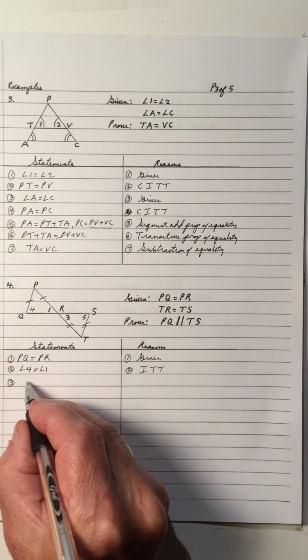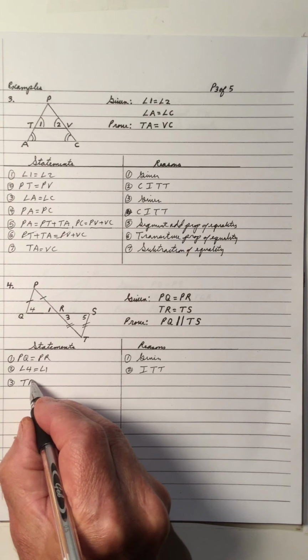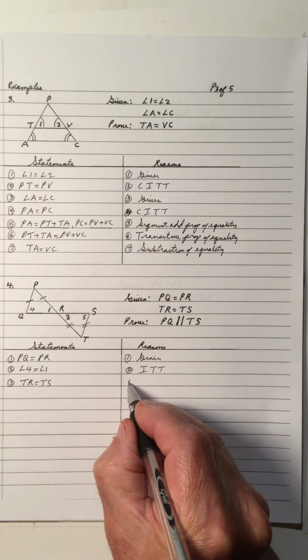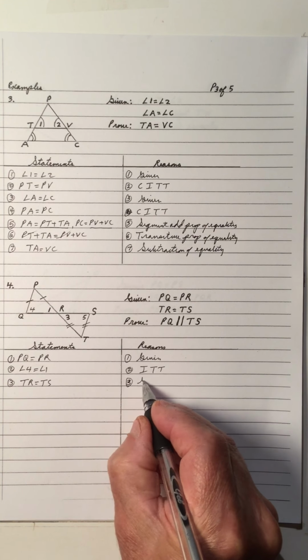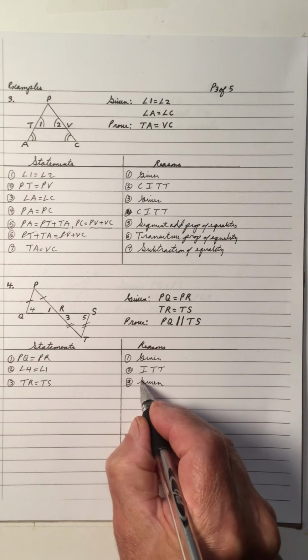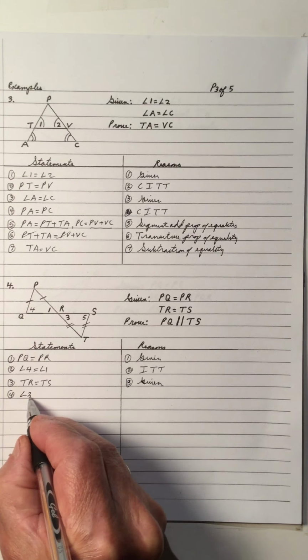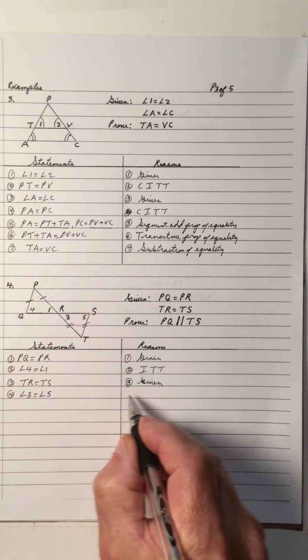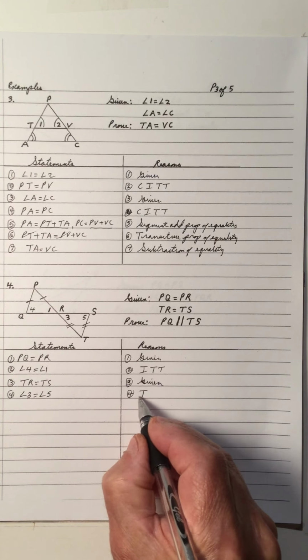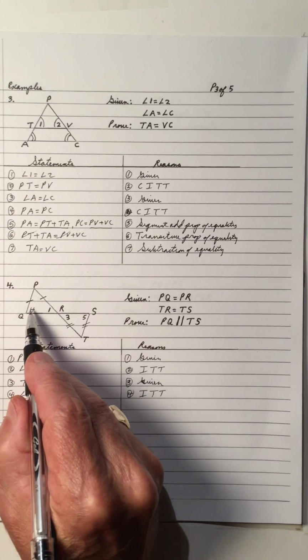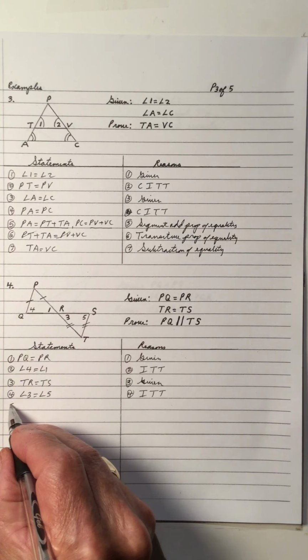Then I'm going to do the other given, that TR equals TS, given. And that gives us angle 3 equals angle 5. And again, isosceles triangle theorem, which means if two sides are equal, the angles opposite those sides are equal.